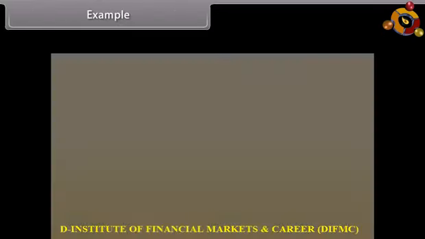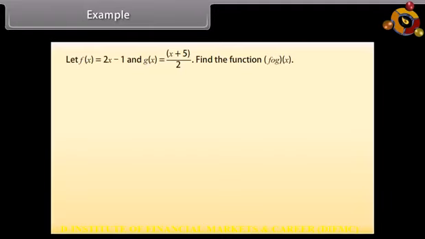Example. Let f(x) = 2x − 1 and g(x) = (x + 5)/2. Find the function f(g(x)). Solution.